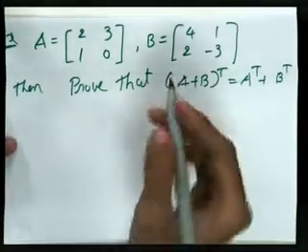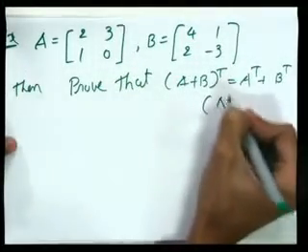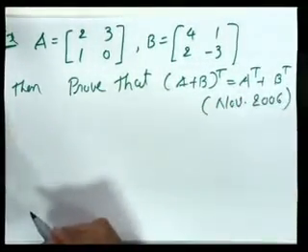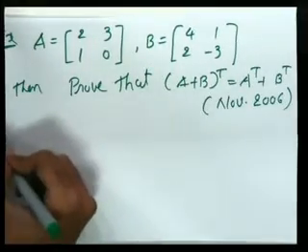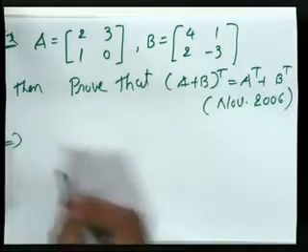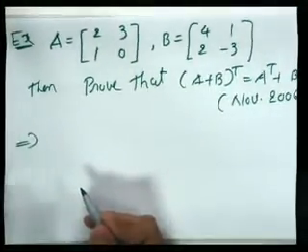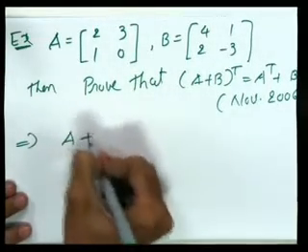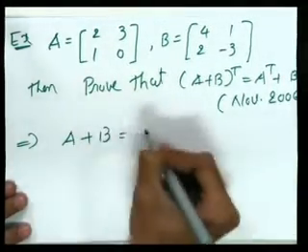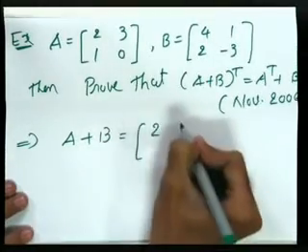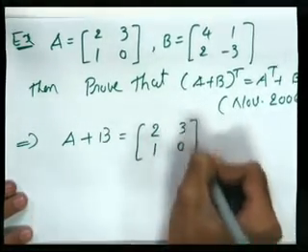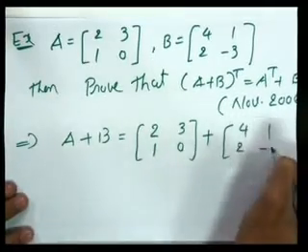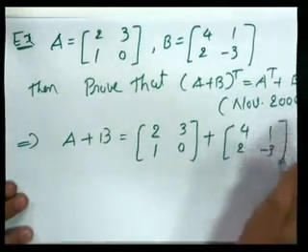This example was asked in November 2006. So here first we will prepare the left hand side. First we need to find A plus B, which is equal to [2 3; 1 0] plus [4 1; 2 minus 3].